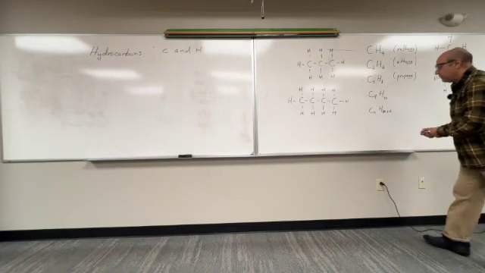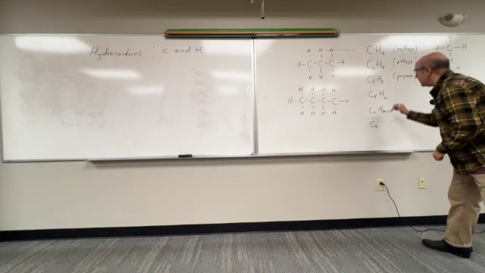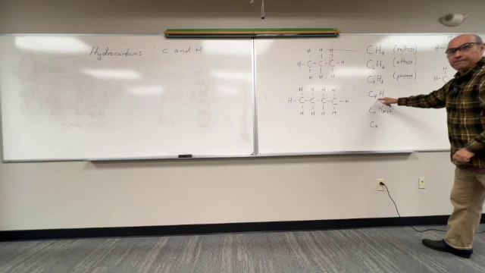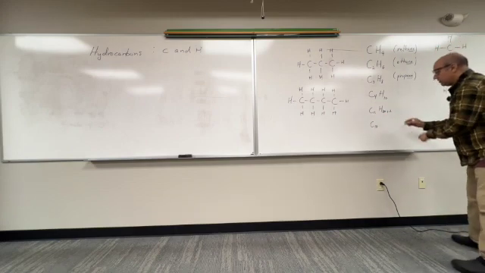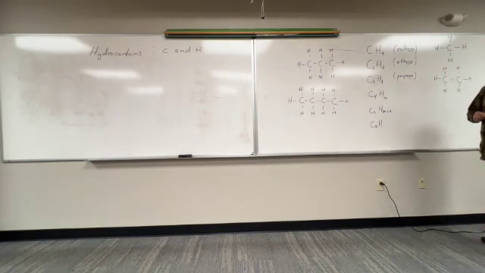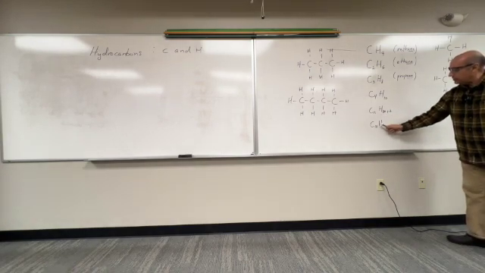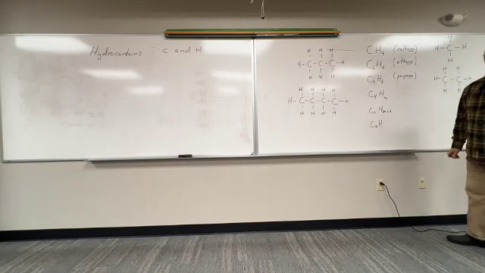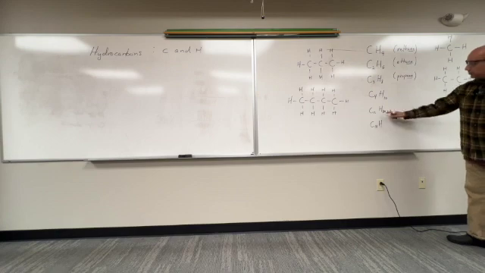So let's see if that is in fact the case. I'm going to put here C10. I skipped a bunch of them. So if n equals 10, what is going to be hydrogen? 2 times n.